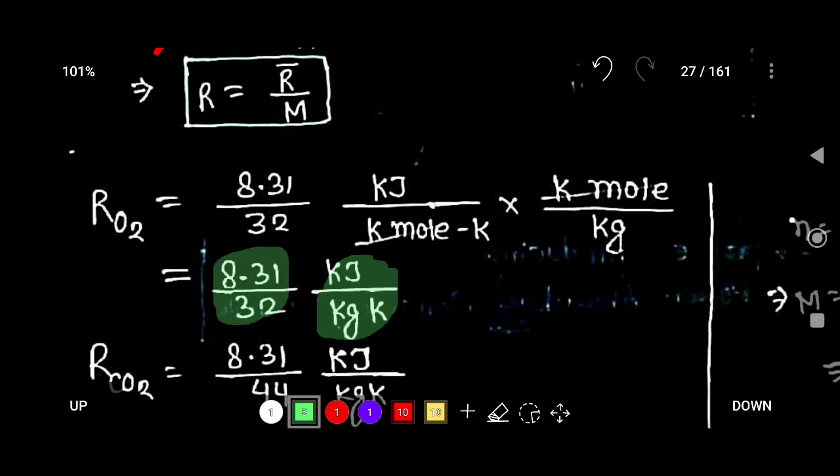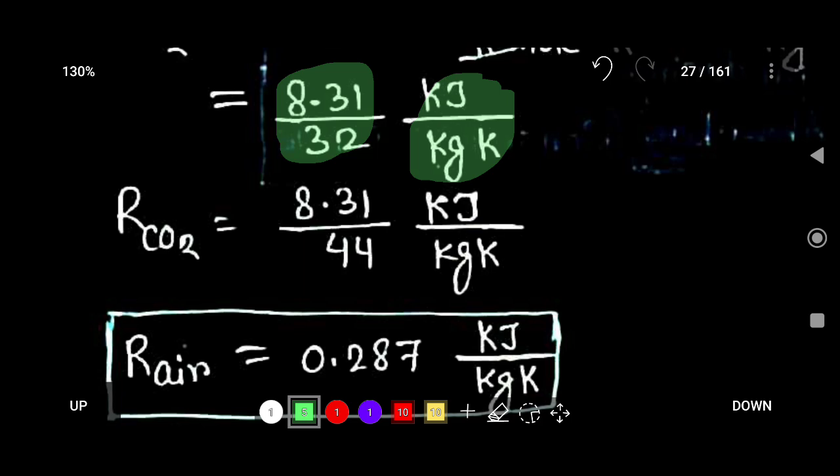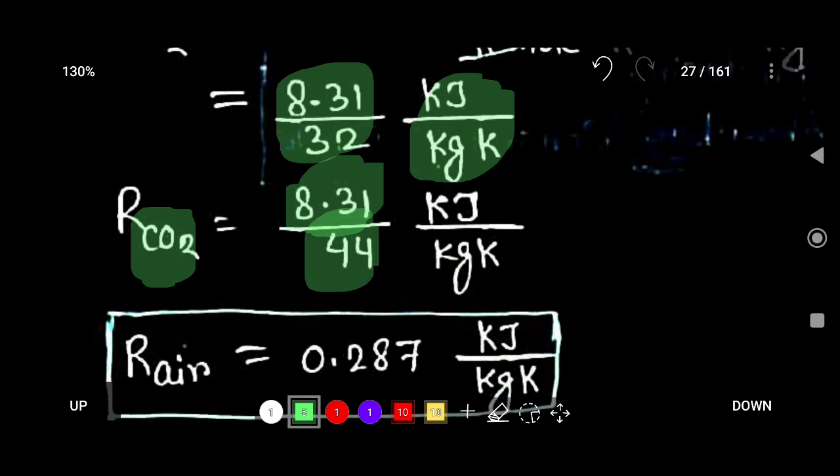If you want to calculate the characteristic gas constant for carbon dioxide, then 8.314 divided by 44, where 44 is the molecular weight of carbon dioxide. So the unit will be kilojoule per kg Kelvin.